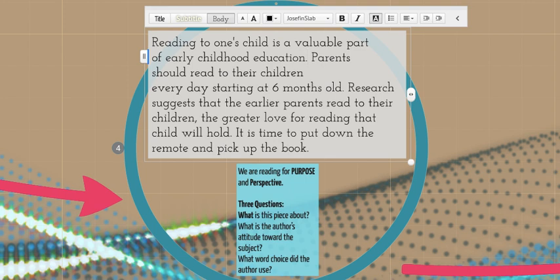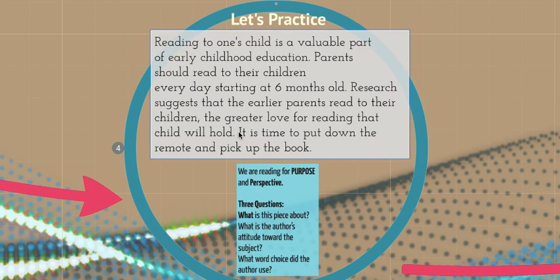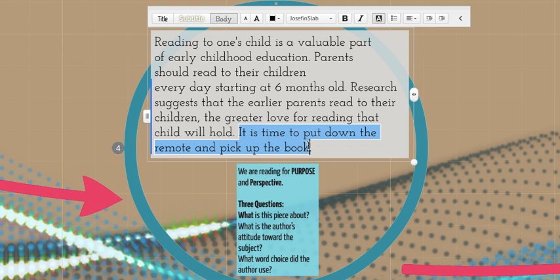But now let's identify which category it falls into. Is it trying to inform us, persuade us, or entertain us? It's not entertaining us, and it is informing us because it does tell us that the research suggests. But this last line right here says it is time to put down the remote and pick up the book. This is what one calls a call to action.